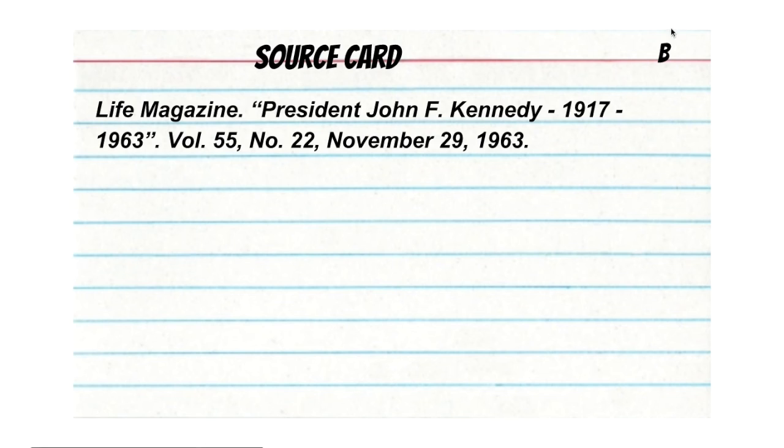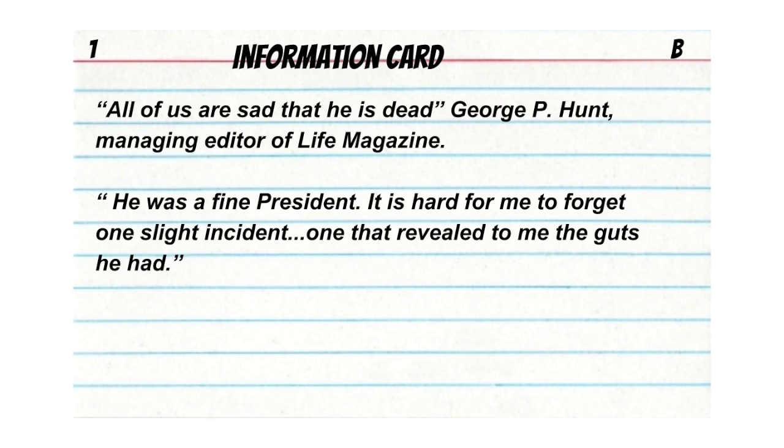Notice in the top right-hand corner, I now have switched to my capital letter B, identifying that this is a new source. When I'm ready to start taking information from this source, I will start a new information card. I go back to the number 1 because this is my first card from source B.